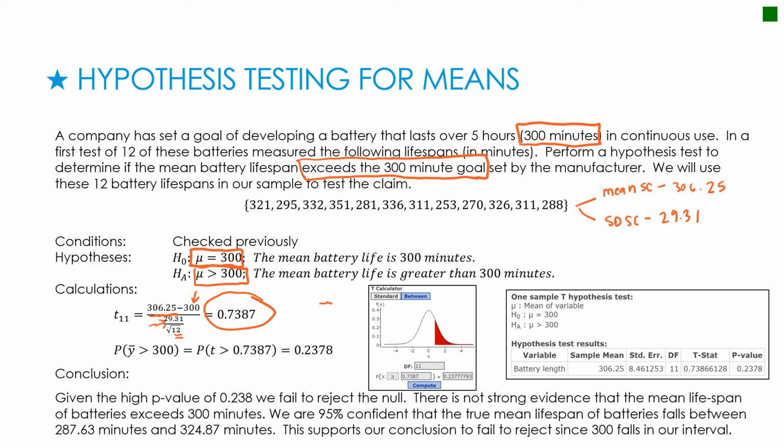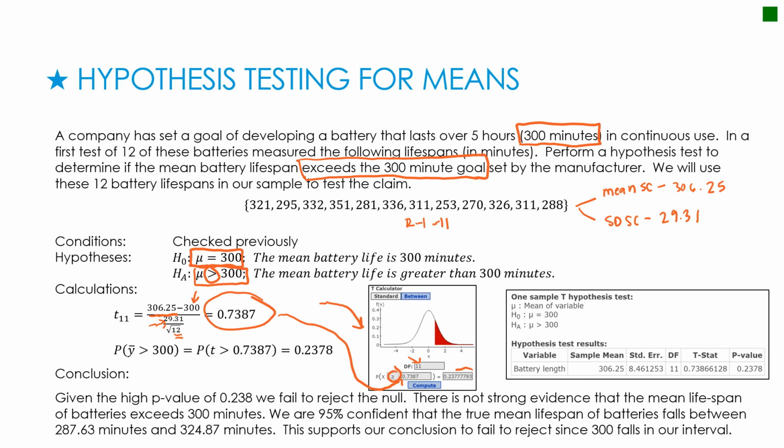So first, I have to find the answer in StatCrunch. This is not verifying, this is just finding it. When I find the value in StatCrunch, I use 11 degrees of freedom because we have 12 items and 12 minus 1 is 11. And I'm putting the 0.7387 in here and finding the area greater than that because I used greater than here.